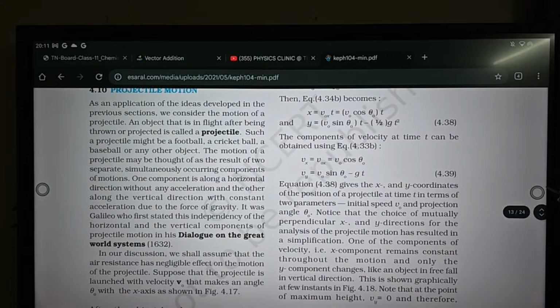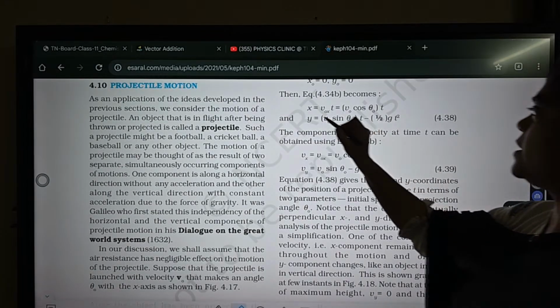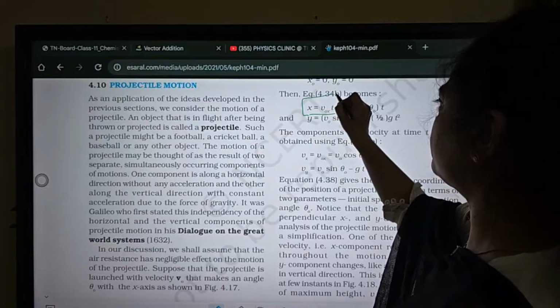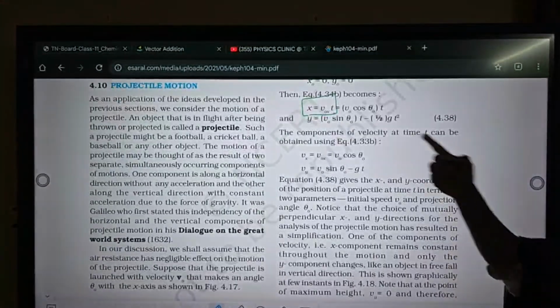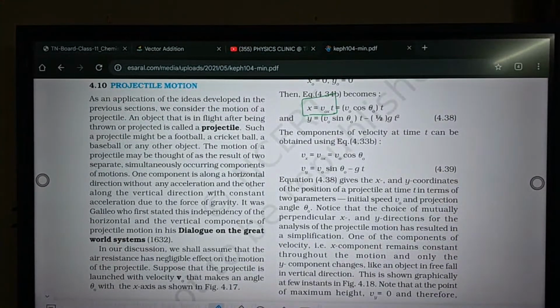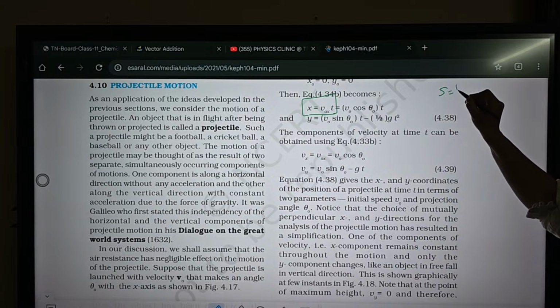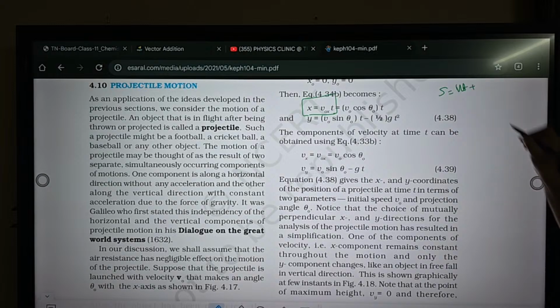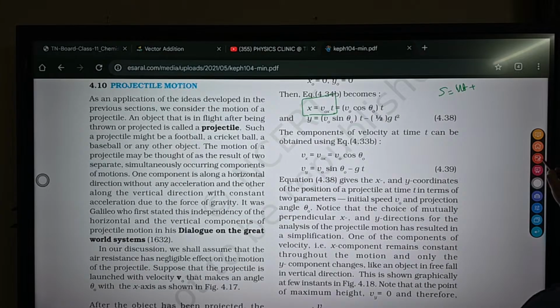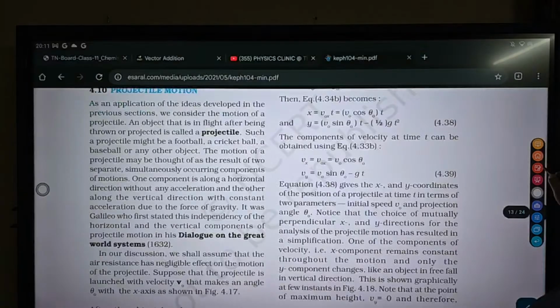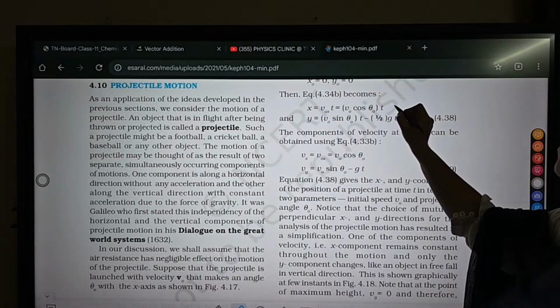So what is this V naught x? What is the first equation it says about? Where does this equation come from? Any idea? S is equal to ut plus one half at square.